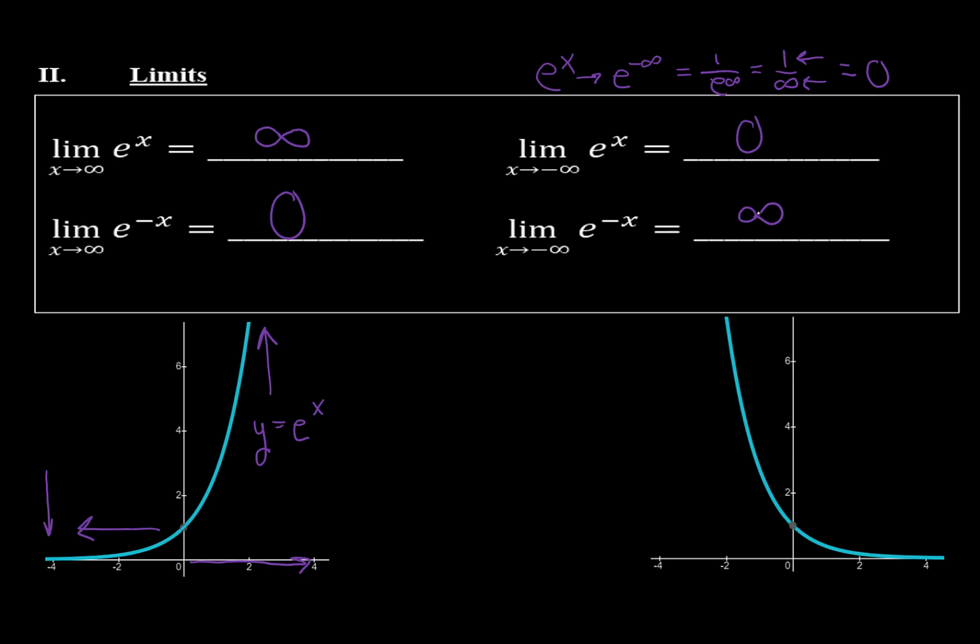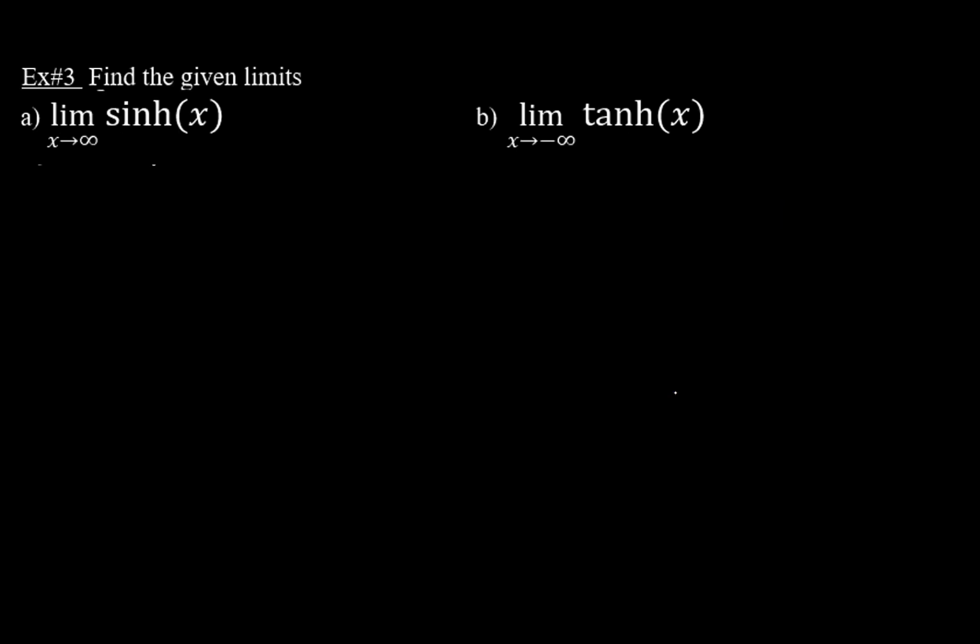Once again, this is something we can also verify with a graph of e to the negative x. So when we do these limits of our hyperbolic trigonometric functions, keep these ideas in mind. It doesn't hurt to keep a graph around. Whenever you're doing these limits, keep a graph of your function around, see what happens.